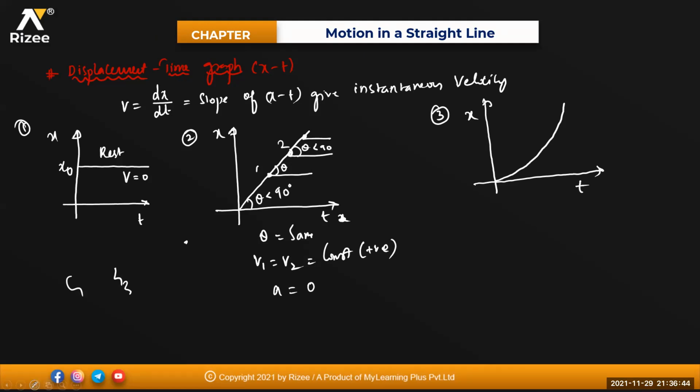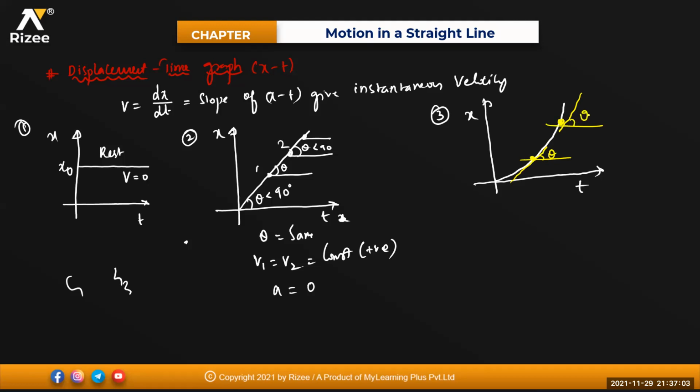Now draw the slope for this one, beta. Can anyone draw the slope for me? If I take one point here, draw a tangent to this one. So this will be your tangent like this, isn't it? So if I make an angle, this is your theta.